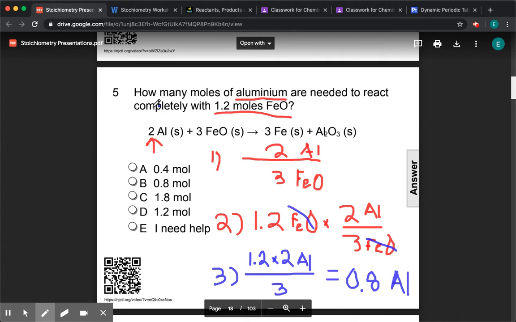So to answer the question, if we had 1.2 moles of iron oxide, we would need exactly 0.8 moles of aluminum to react with it.